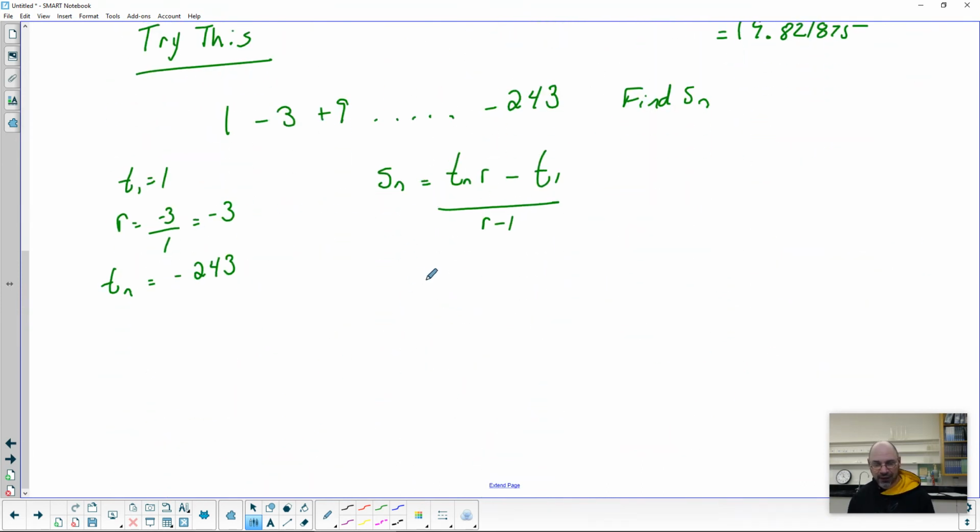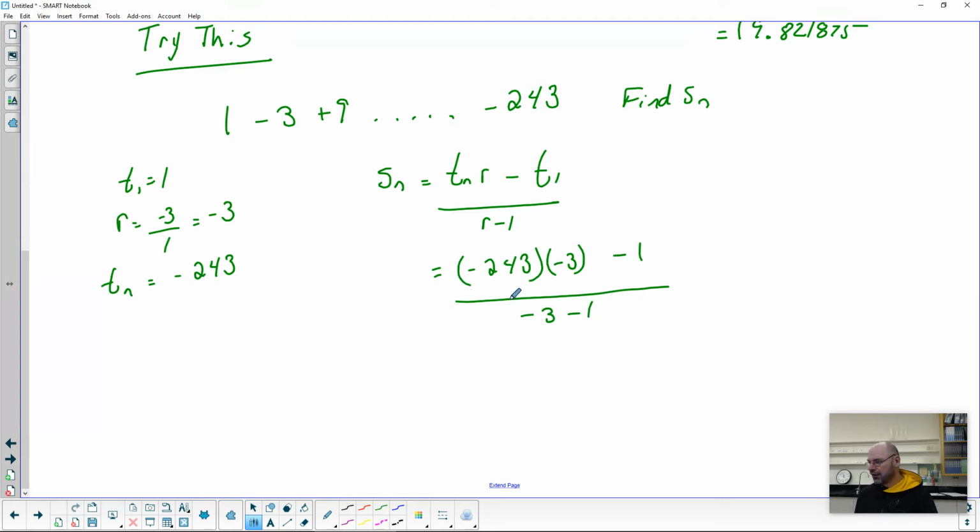Okay, so let's plug it in. Tn, negative 243, times R, which is negative 3. Subtract T1, which is subtract 1. And then we have negative 3 minus 1. So this one's a little easier because there's no fraction involved.